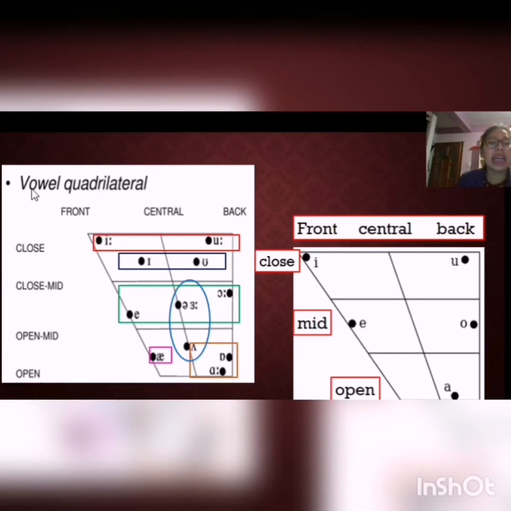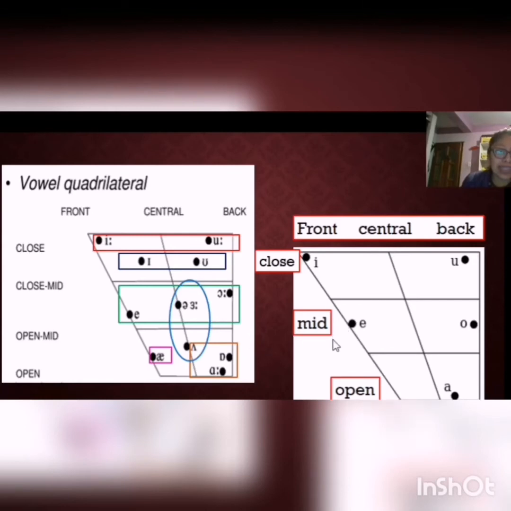Now here I hope to show you the vowel quadrilateral of English and the vowel quadrilateral of Spanish. You can see that in Spanish we just have five vowels, but in English we have 12 pure vowels, and they are here.